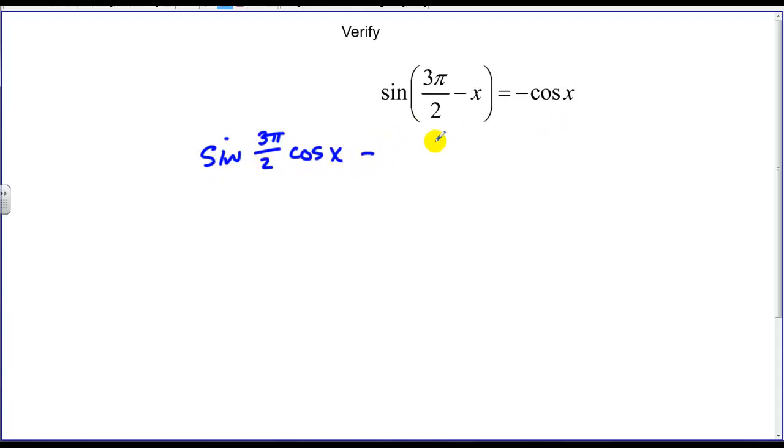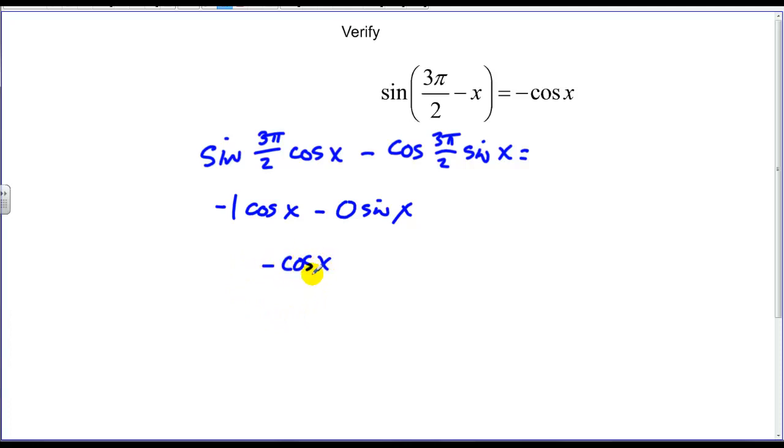So sine, cosine, I need the cosine of 3 pi over 2 and the sine of x. And hopefully that equals the opposite of cosine. Well, the sine of 3 pi over 2 is negative 1 times cosine x. That's not a bad thing. Minus the cosine of 3 pi over 2 is 0 times sine of x. This term goes away. I'm left with negative cosine of x, which is exactly what I wanted.